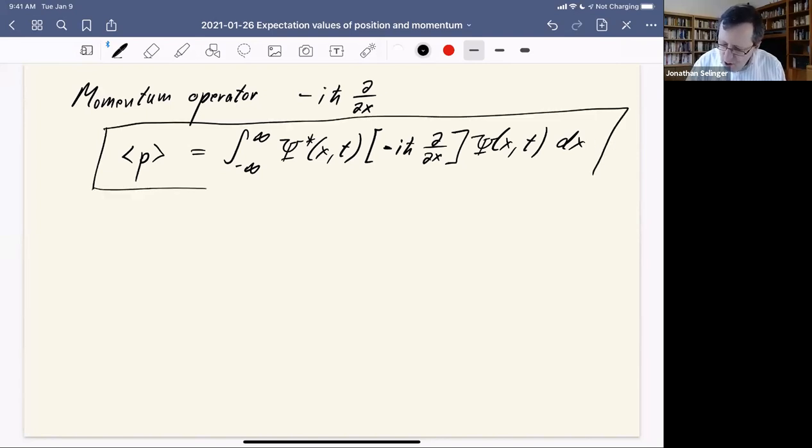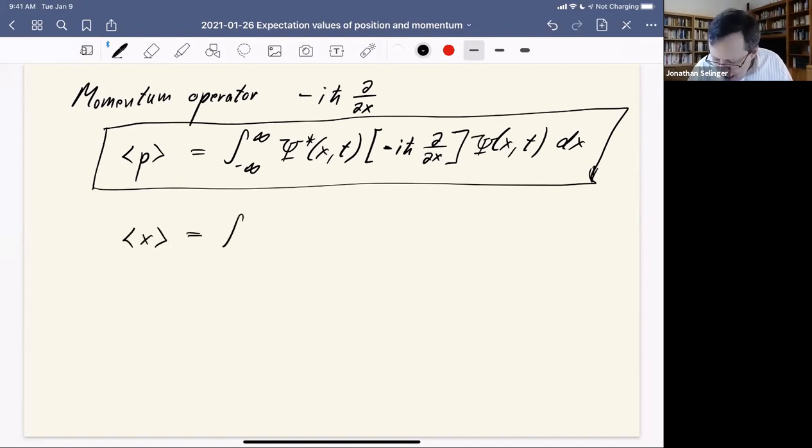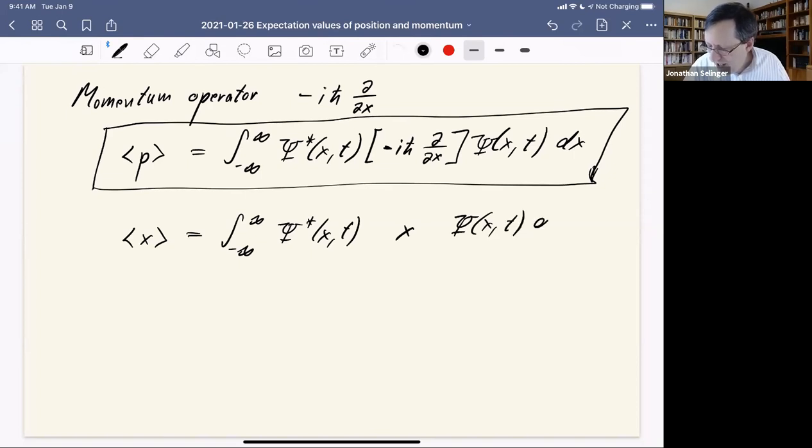So that is a way to calculate the average momentum, which looks very analogous to our way of calculating the average position, psi star of x and t times x times psi of x and t dx. Okay, so that's my theme of operator sandwiches.